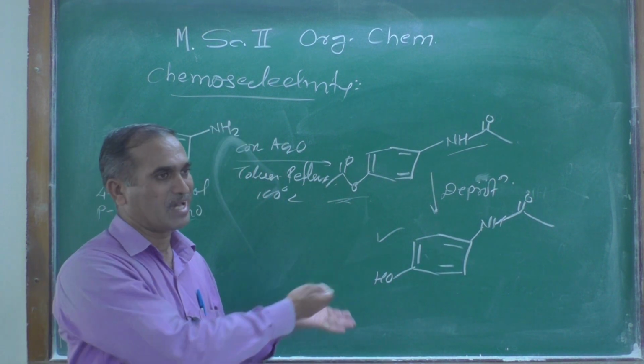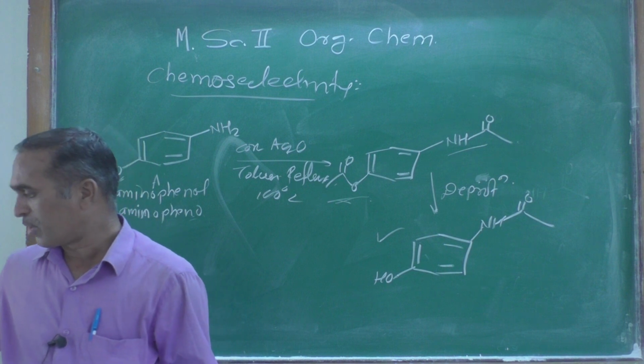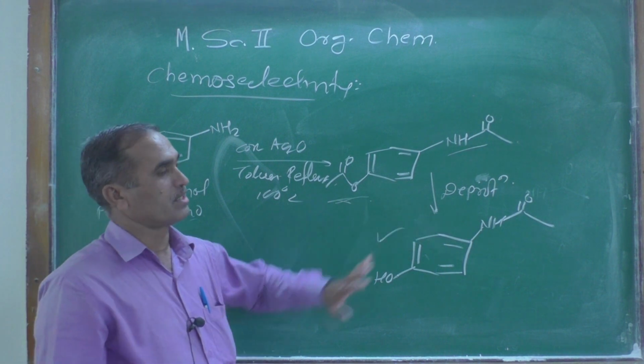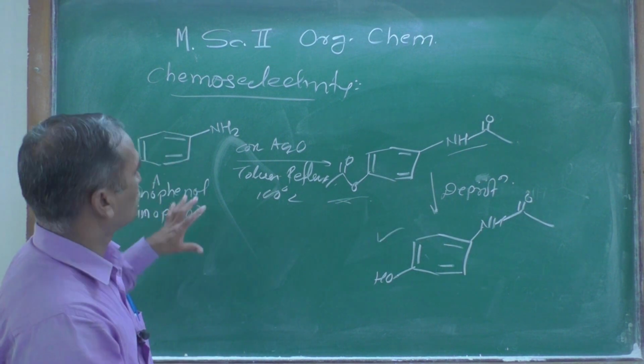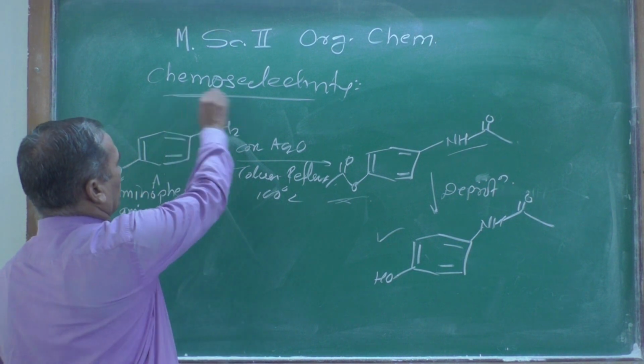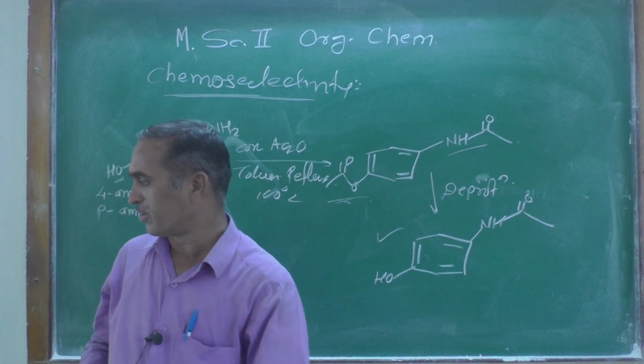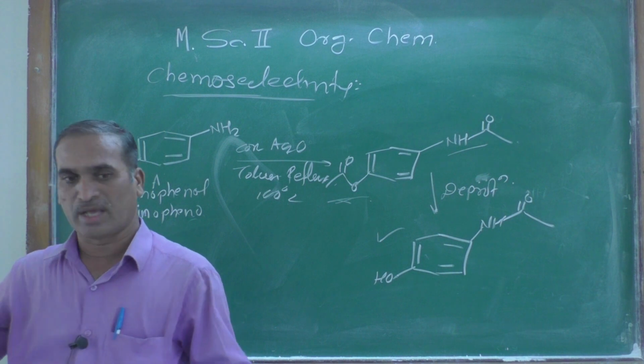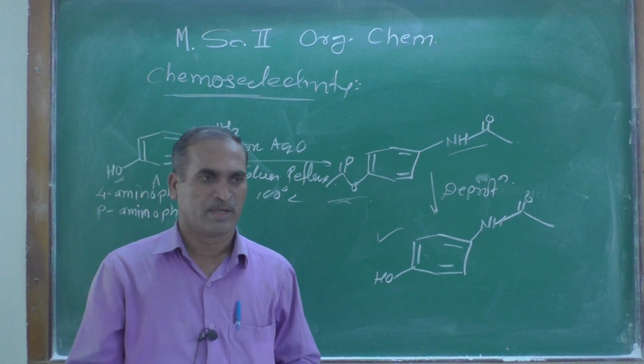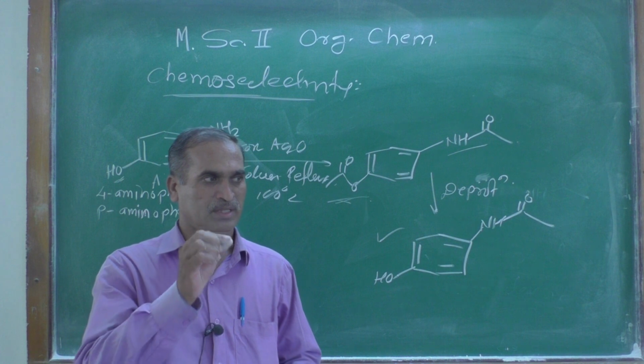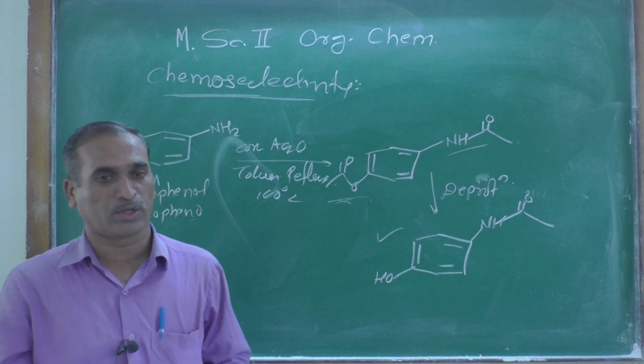So that is the analgesic. We know that this is the property associated with this molecule. So this is all about chemoselectivity, or what is a protecting group. And as I have told you many times, what is the ideal protecting group?